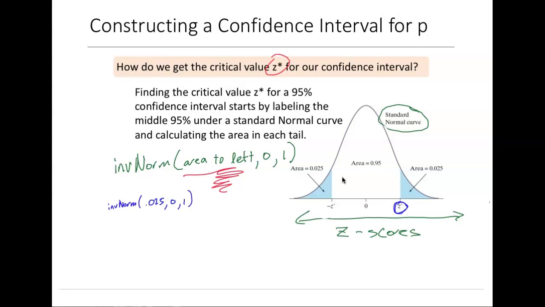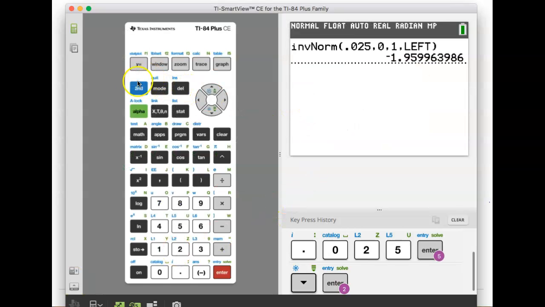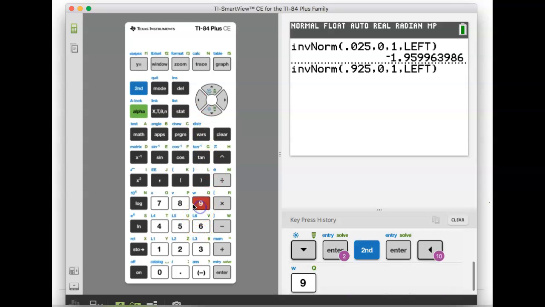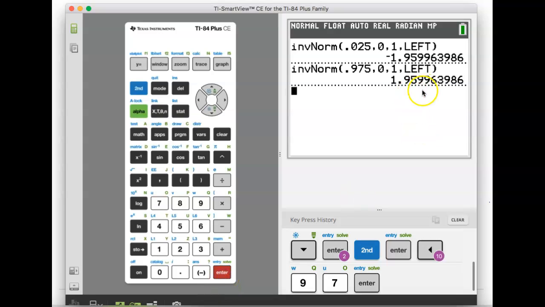So you have the 0.95 plus the 0.025. And that's just 0.975. Does that make sense? And then if I hit enter, just note you get the exact same critical value, it's just positive. So it doesn't matter which one you look up, because you're going to do plus or minus the critical value times the standard error anyway. Does that make sense? Okay. So that's how you find the appropriate critical value.